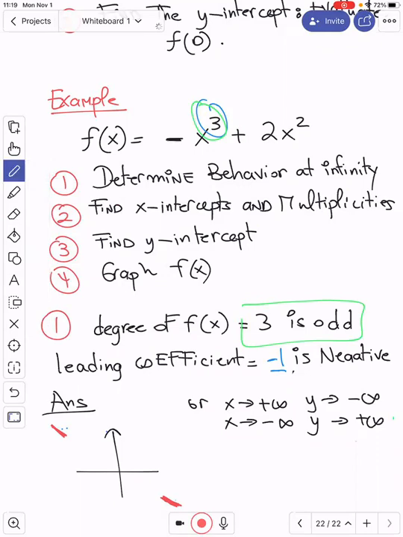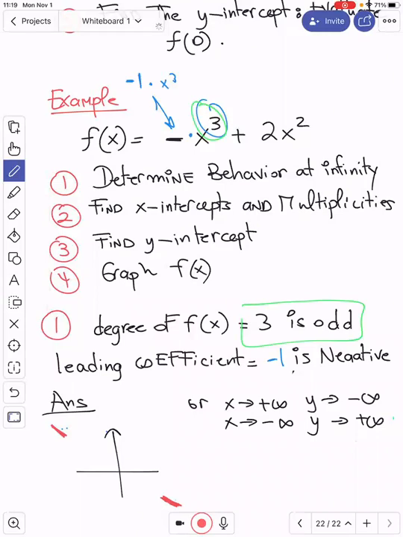And minus x cubed is like -1 times x cubed. That's why my leading coefficient is negative. Thank you.